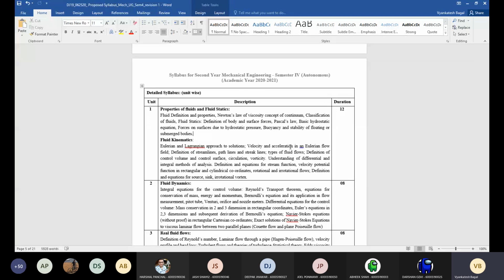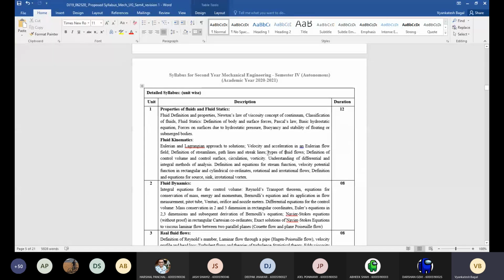Fine. Then there are a few more definitions in the same topic called streamline, streak line, path line, stream tube, and we'll classify the different types of flows. Now see the difference. We are not talking about the classification of fluids. We are talking about fluid flows, types of fluid flows.